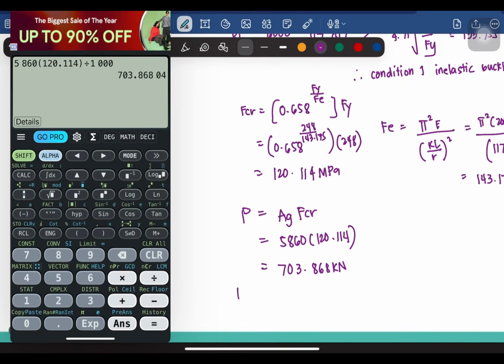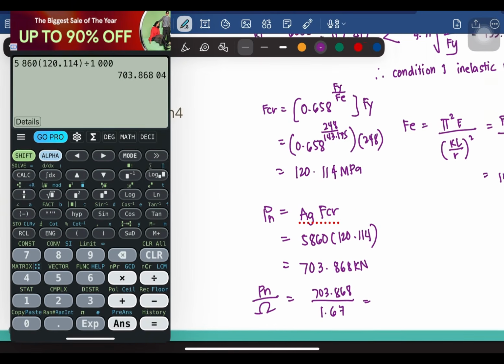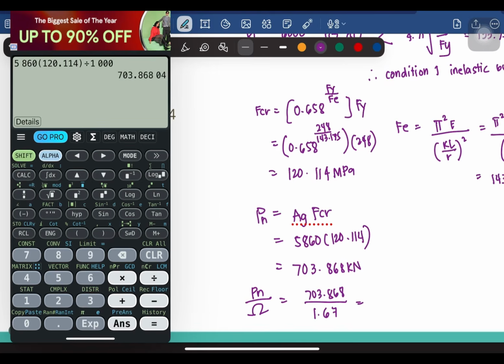Then apply the ASD. Divide it by a safety factor of 1.67 as per NSCP. So we get 421.478 kilonewton.